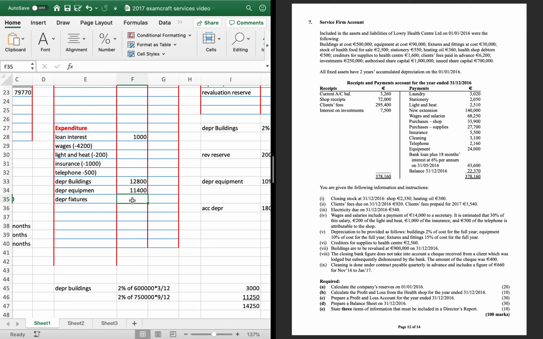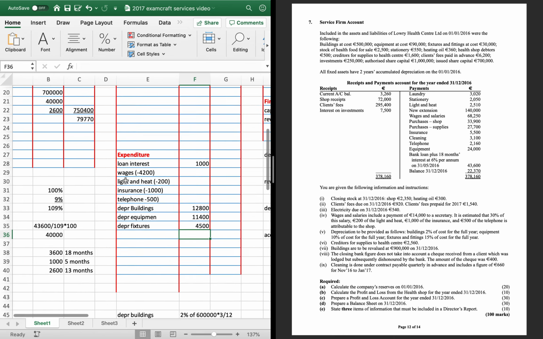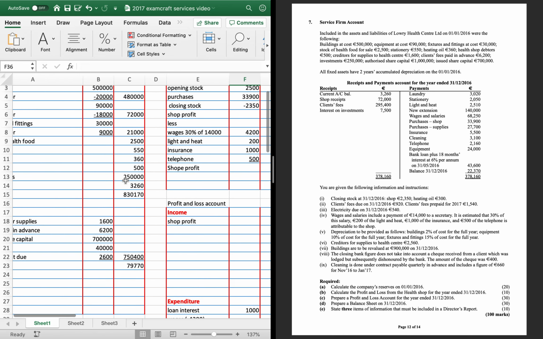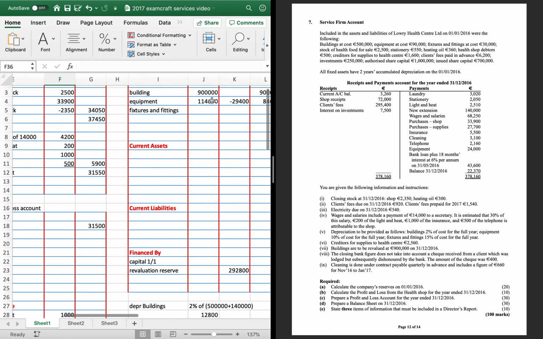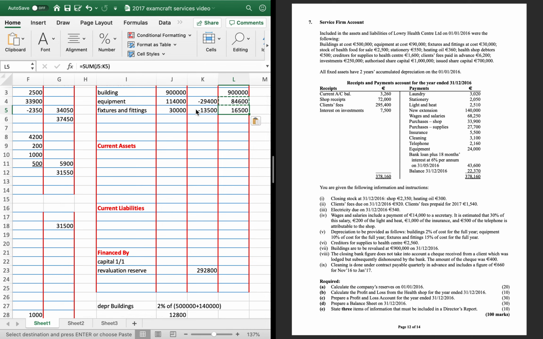We don't have to do working this time. 15% of fixtures and fittings of 30,000, which is 4,500, which we're going to add to the 9,000 we already had over there. So 9,000 plus the 4,500 is 13,500. Taken away from the 30. And that's my three fixed assets in 16,500.